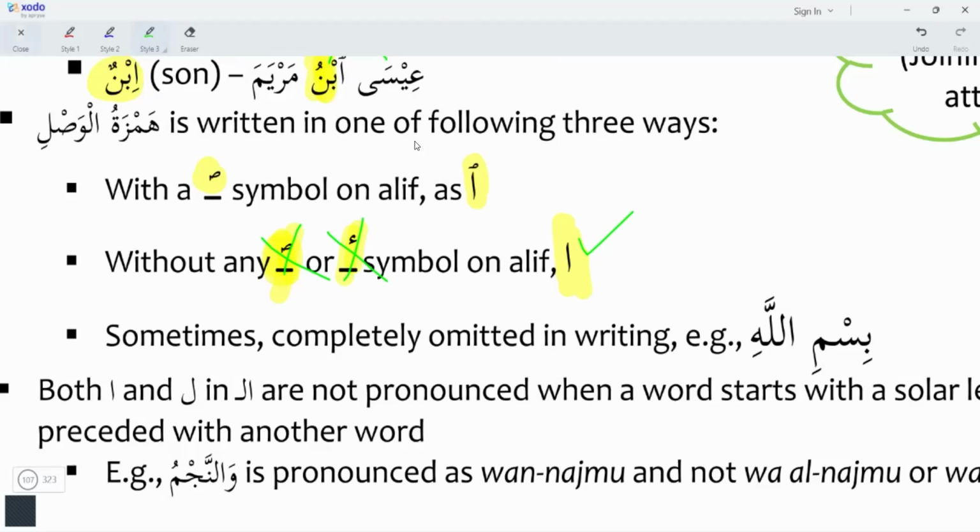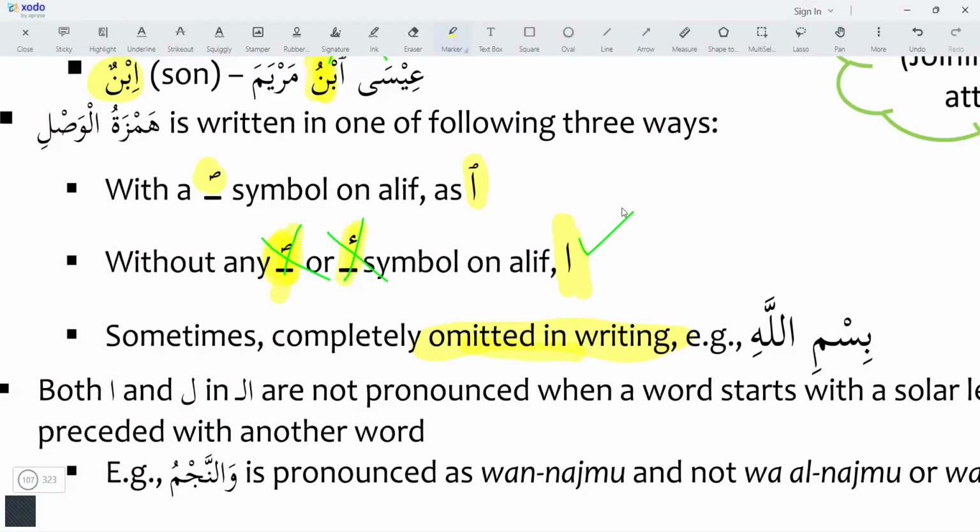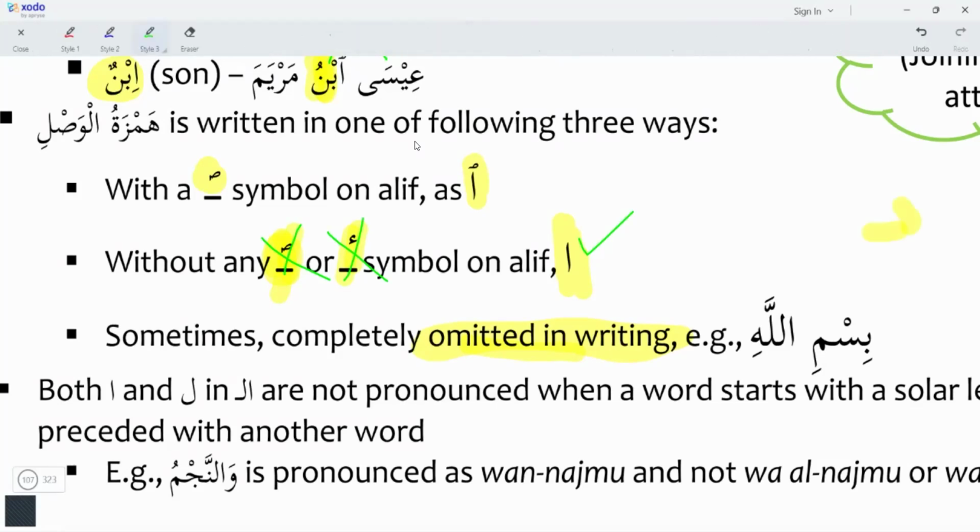And sometimes it is completely omitted in writing, like Bismillah. Here there was Ba, the Jar, plus Ism, and this Hamzatul Wasal we have completely omitted.